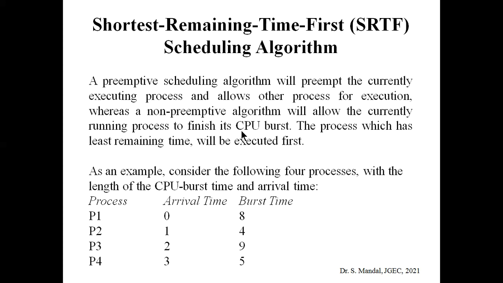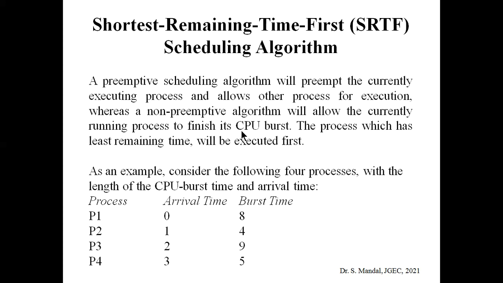A non-preemptive algorithm allows the currently running process to finish its CPU burst. The FCFS and SJF algorithms are non-preemptive. Whenever a process, P1 or P2, has started executing, it will complete its CPU burst, and then the CPU will be assigned to others.